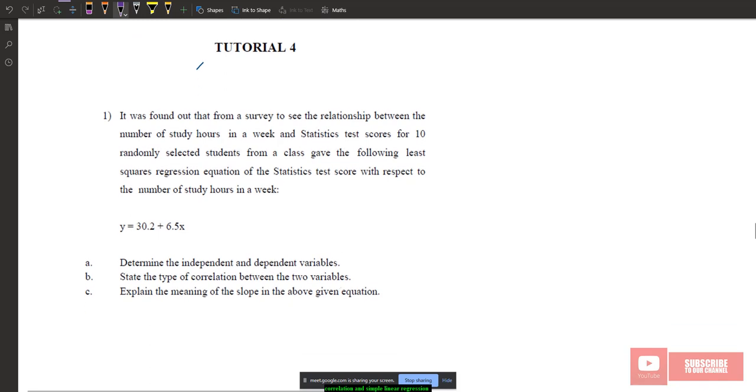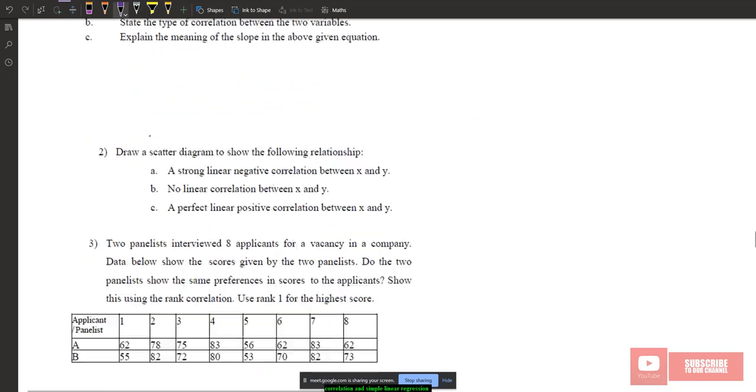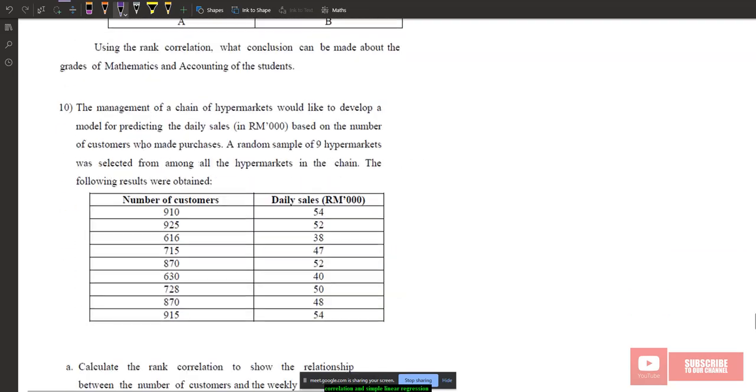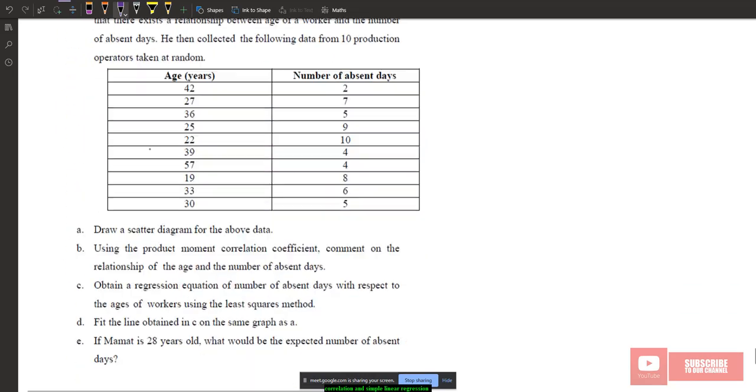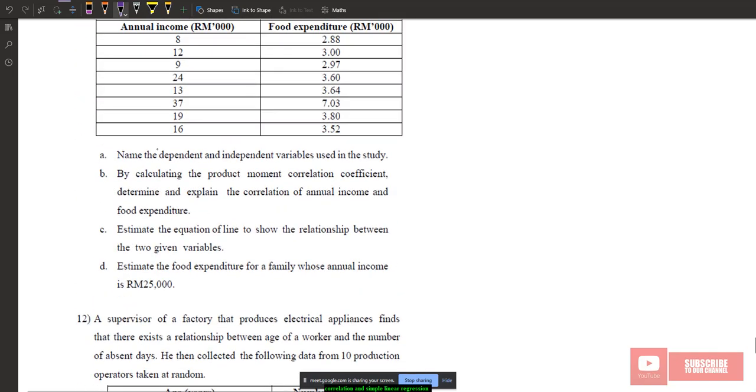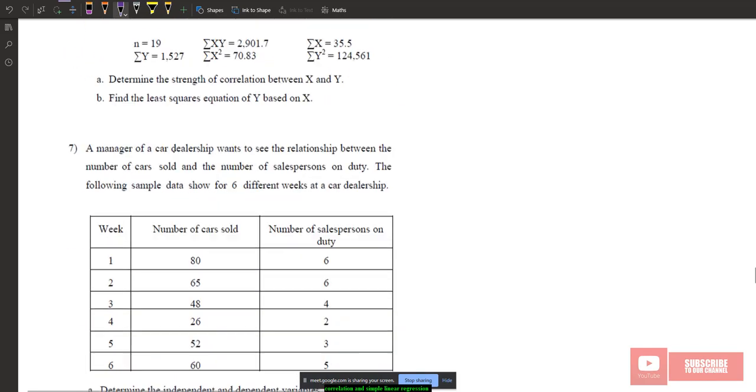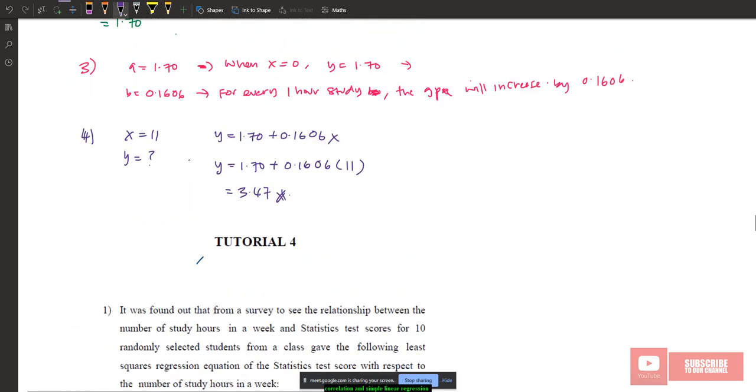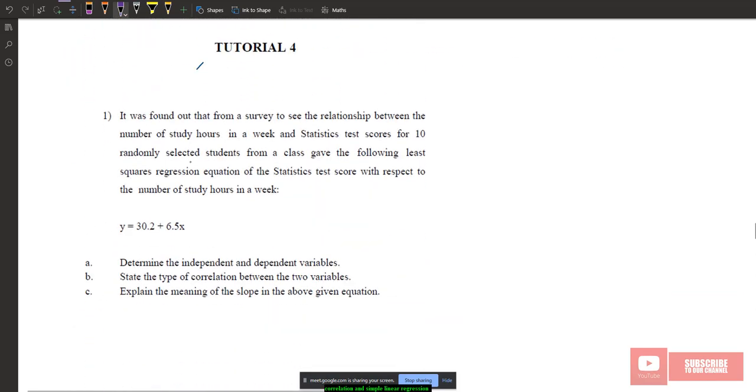This is just a homework, right? So you need to do by yourself question number 1 until question number 12. So we have 12 questions for you to do, right? We will discuss this tomorrow. Make sure you do it by yourself first.